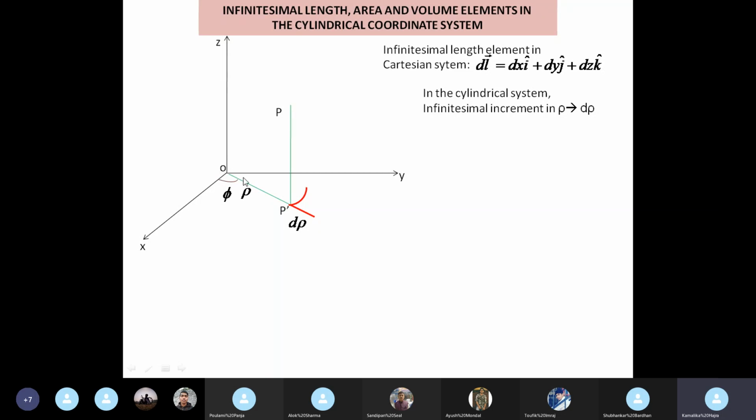So to make an infinitesimal increase in the angle, we have to move a certain angle in this direction from the point P under consideration. This increment is d phi. So the infinitesimal increase in the value of the coordinate phi is d phi.